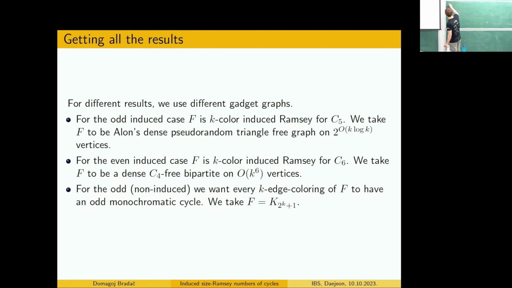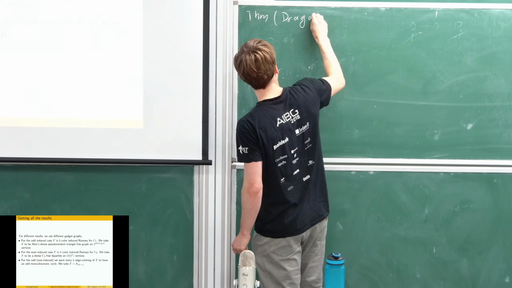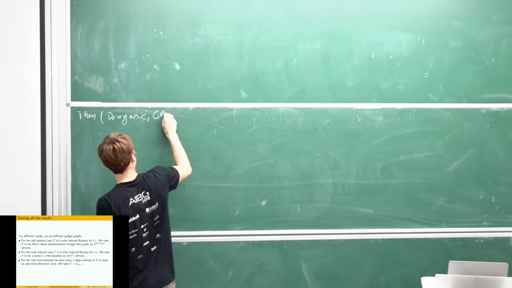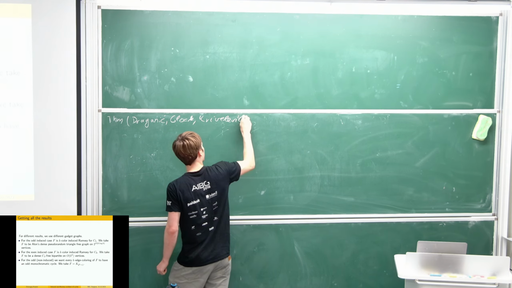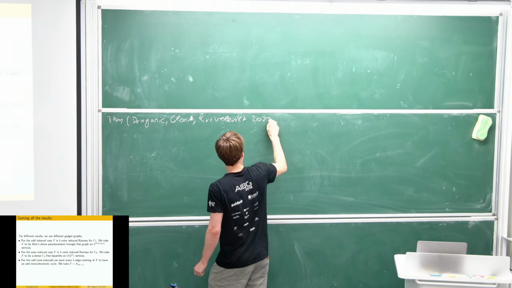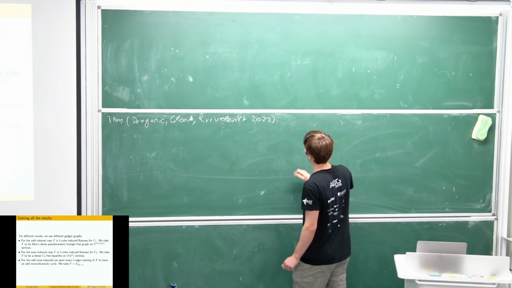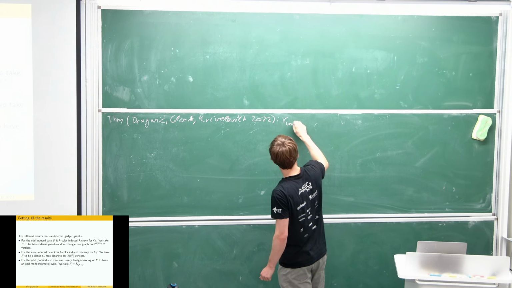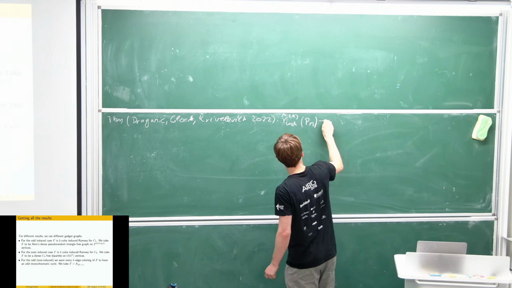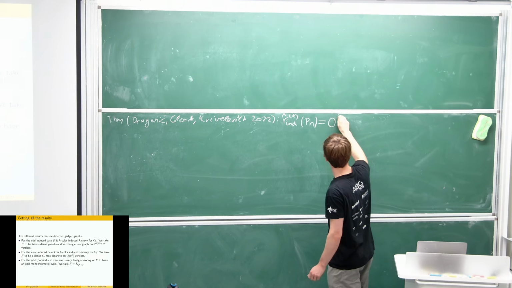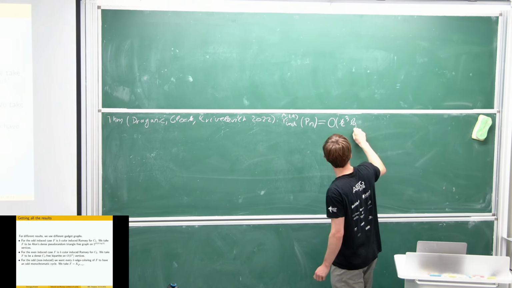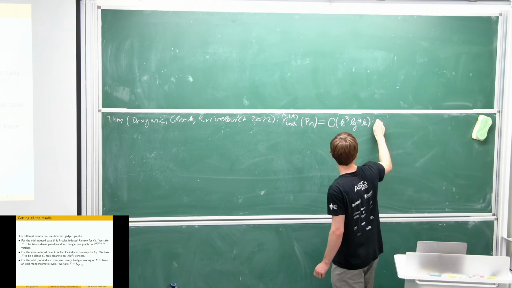Okay, so in the rest of the talk, I will present you the proof of the following theorem. The k-color induced size-Ramsey number of a path of length n is of the order k cubed log to the 4th k times n.